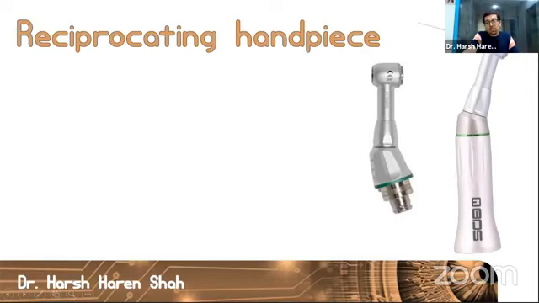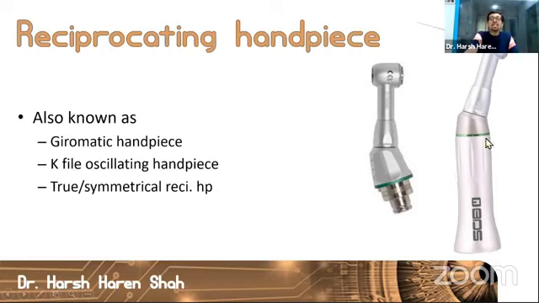Now, this attachment here will accept your reamers or K files. They will accept files from most brands, like I'll show you in the next slide. These handpieces are also known as gyromatic handpieces, oscillating handpieces, K file oscillating handpieces, or handpieces with symmetrical reciprocation or true reciprocation. What I mean by symmetrical or true reciprocation basically is the amount of clockwise movement and counterclockwise movement will always remain the same.